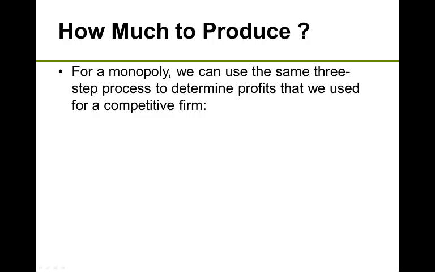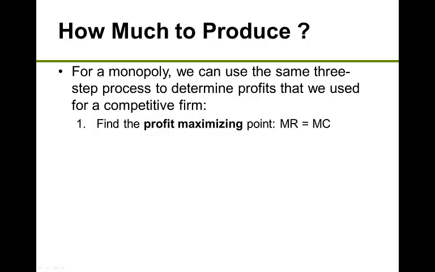Okay, so how is our monopolist going to decide how much to produce? Well, our monopolist is going to produce where marginal revenue is equal to marginal cost. We saw in that graph right before that the marginal revenue curve is downward sloping. We can overlay that with our cost curves and find a quantity where marginal cost is equal to marginal revenue.